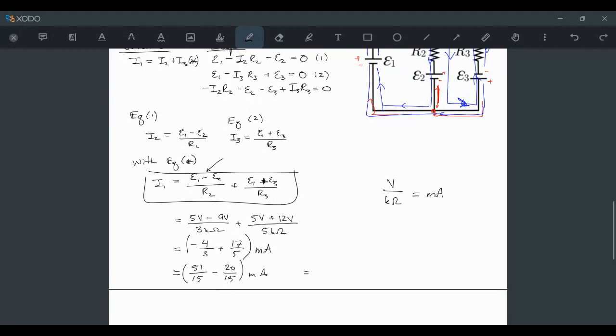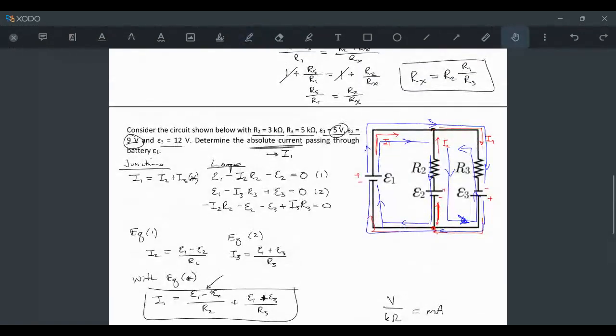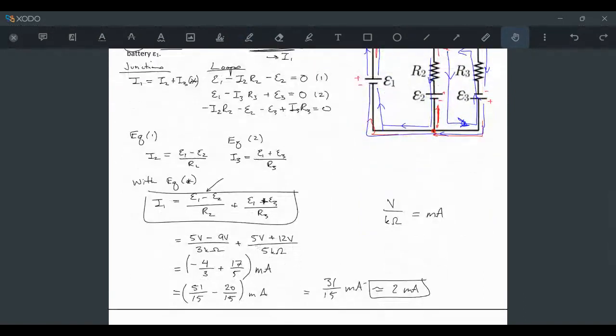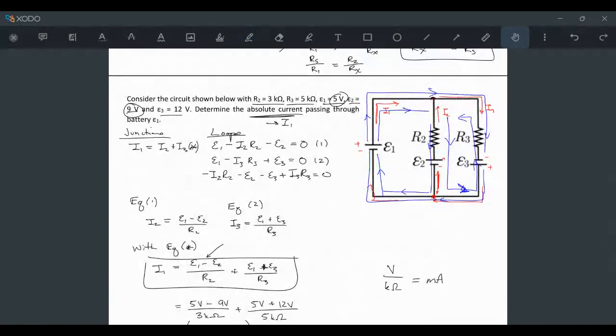So we get 31 over 15 milliamps, or roughly speaking, 2 milliamps as a final answer. This number came out positive, so I1 is positive, and we don't have to go back and correct our drawing.